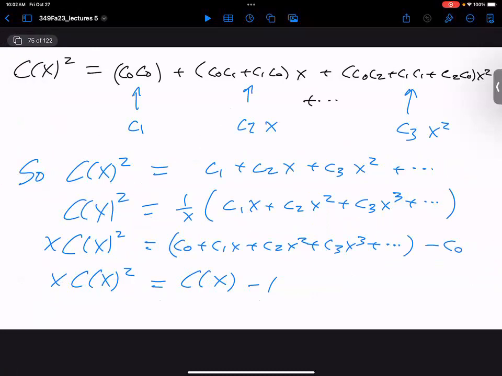And so we got x C(x)^2 = C(x) - 1. So we need to solve that today and come up with an explicit formula for C(x). And then once we know an explicit formula for C(x), the question is, can we deduce formulas for the individual coefficients?